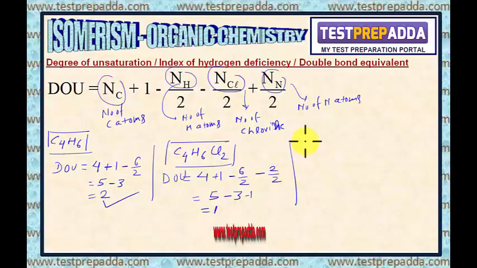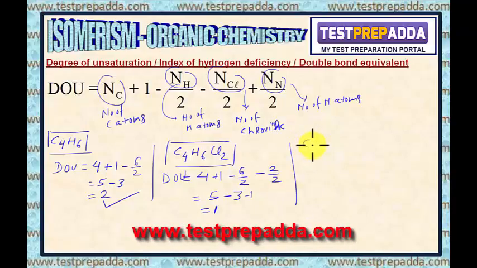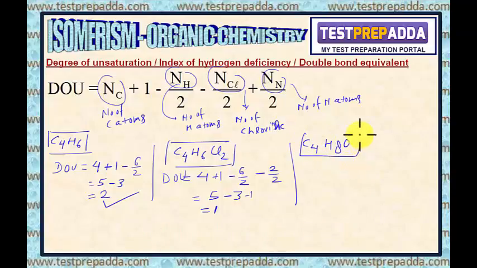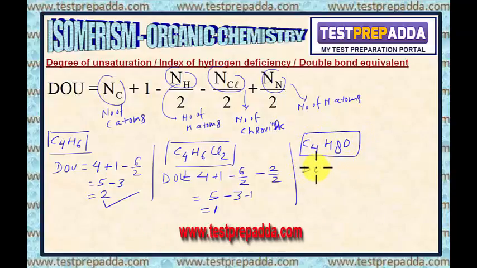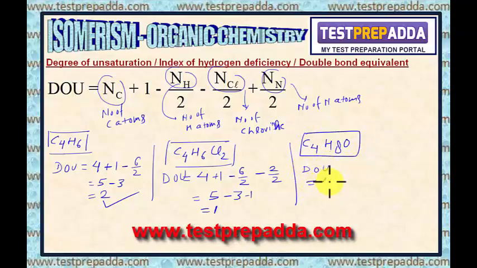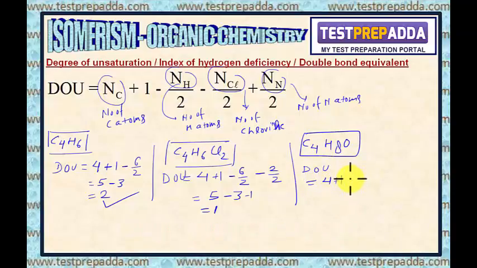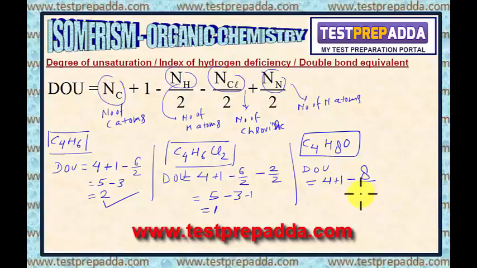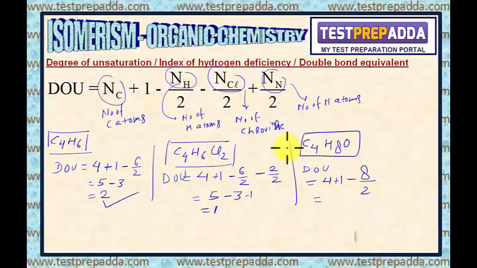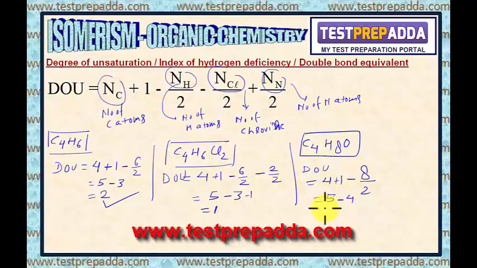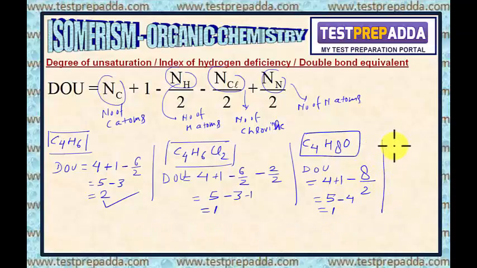Degree of unsaturation is coming as 1. Now another example, if I take C4H8O, then degree of unsaturation will be 4 plus 1 minus 8 by 2. Oxygen atoms are not counted, so it will be 5 minus 4, that is 1 degree of unsaturation.